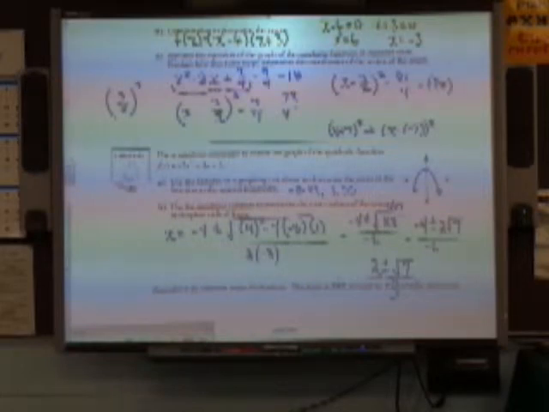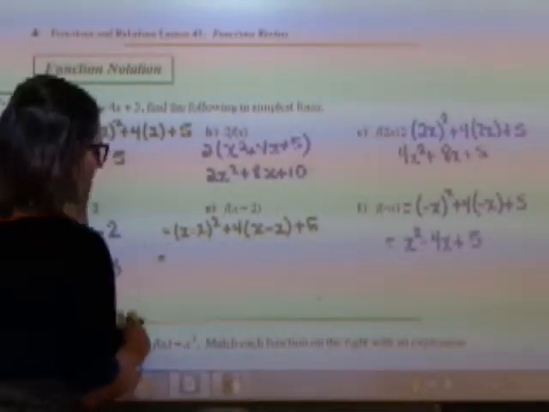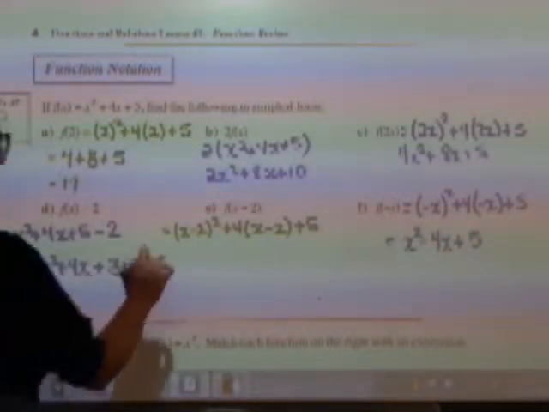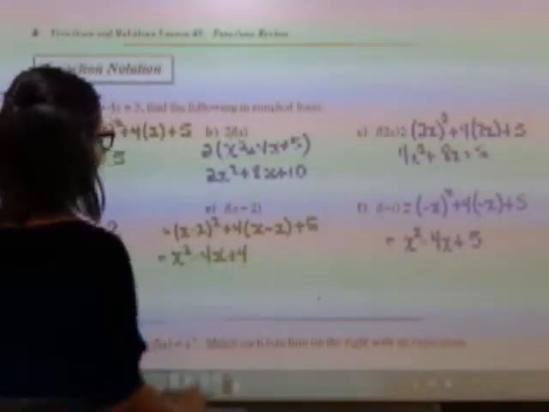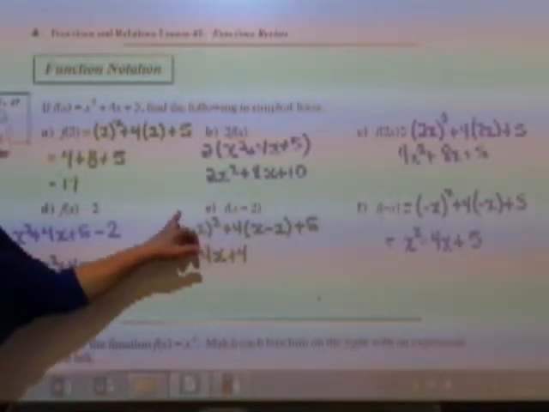Okay, I'm going to stop there for today. So when I take this x minus 2 squared and I expand it out, what do I get? X squared minus 4x plus 4. Great. Remember, there's that middle term that I have to get when I expand it out.